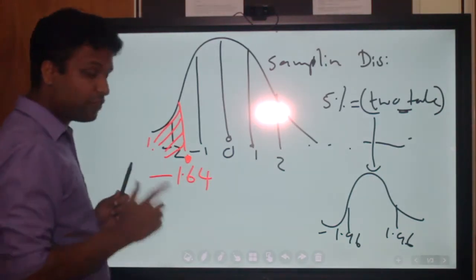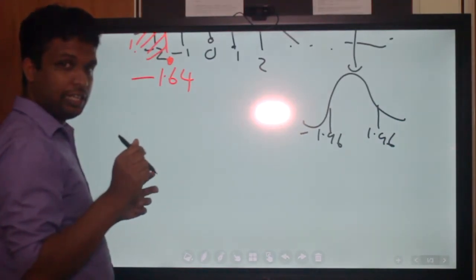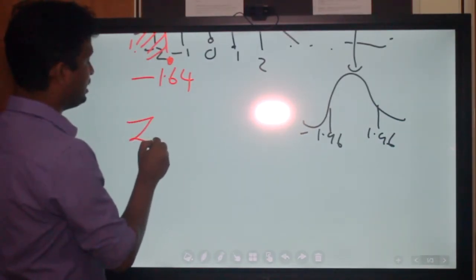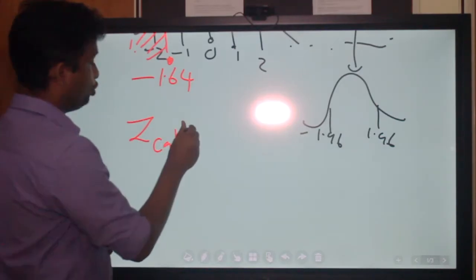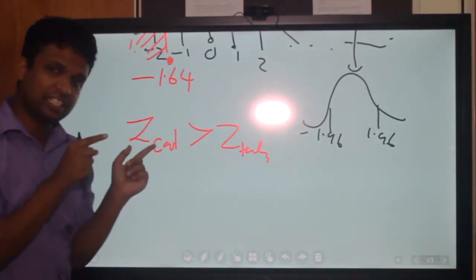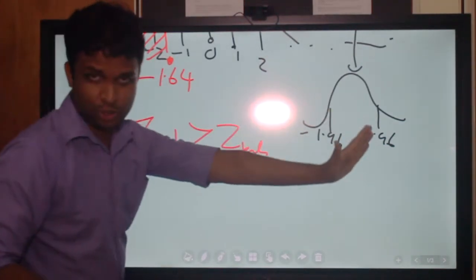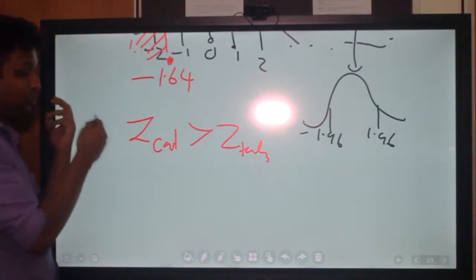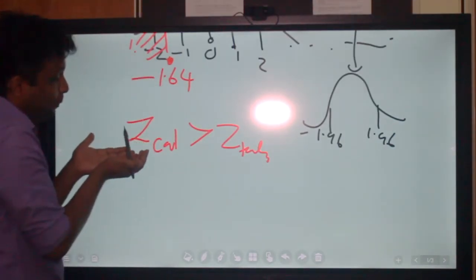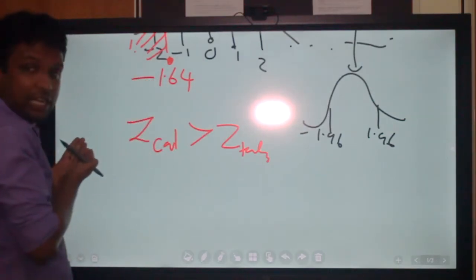Now in this specific hypothesis testing, as this is a one tail case, ideally the calculated Z value should be higher than the Z table value. This is the critical point. Higher means either it can be high towards positive or it can be high towards negative. So actually this value should be less. But if you forget this minus, this should be a higher value.